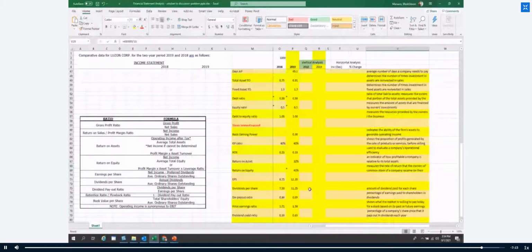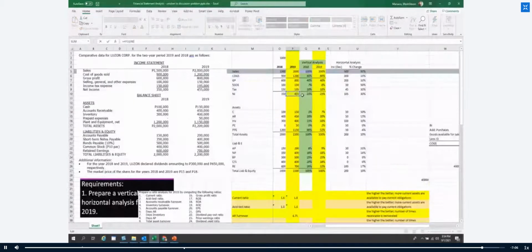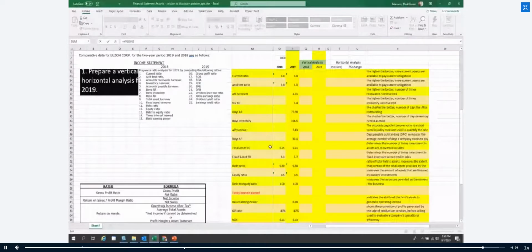EPS here. We have the net income of 455 divided by 40, or 455,000 divided by 40,000. In this case, I just remove the 3. So that's 11.38.